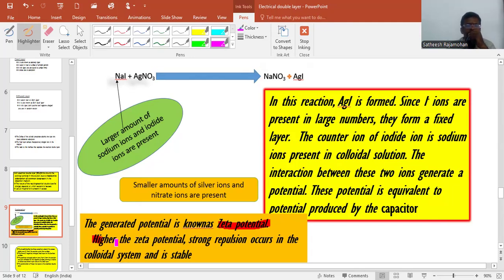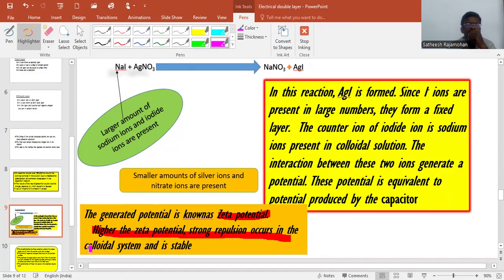The higher the zeta potential, the stronger the repulsion in the colloidal system. Suppose there is no repulsion in the colloidal system, then all the particles will come to a grinding halt and coagulation occurs.